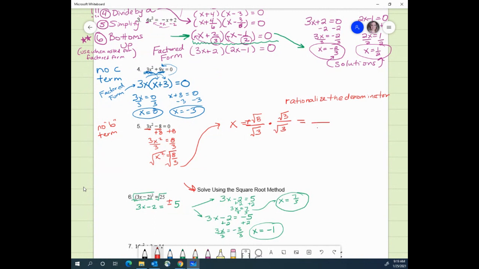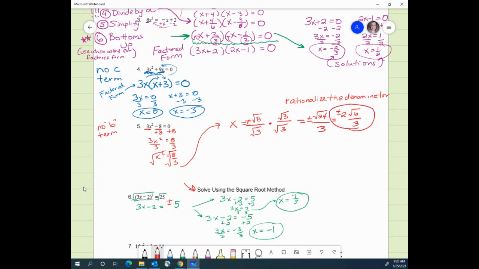So on the bottom, you end up with just a 3, or whatever's on the inside. Square root of 8 times square root of 3 is square root of 24. And we can't forget this plus or minus. And then to simplify radical 24, this is going to be 2 radical 6 over 3, plus or minus 2 radical 6 over 3.